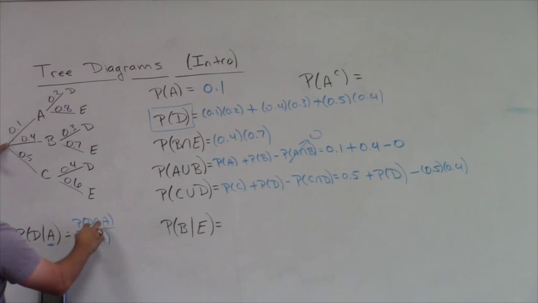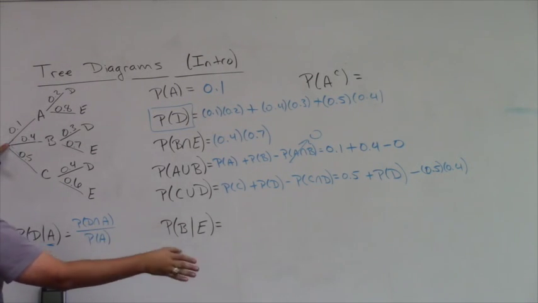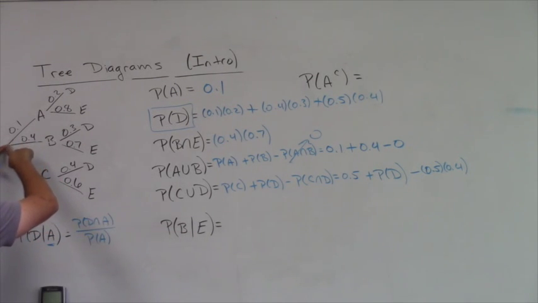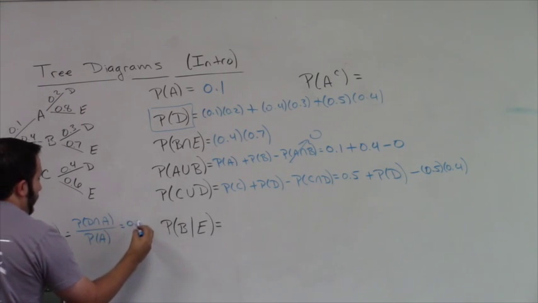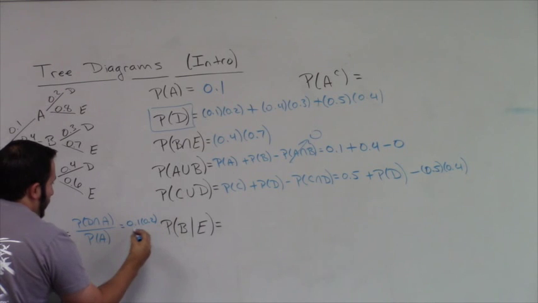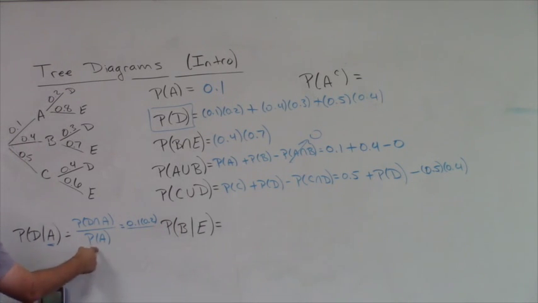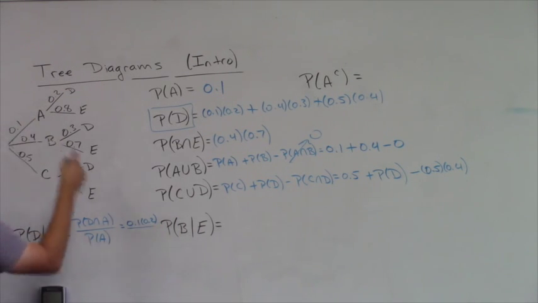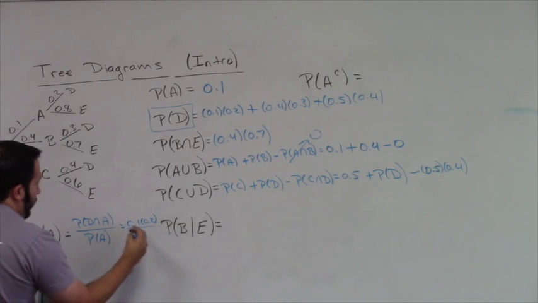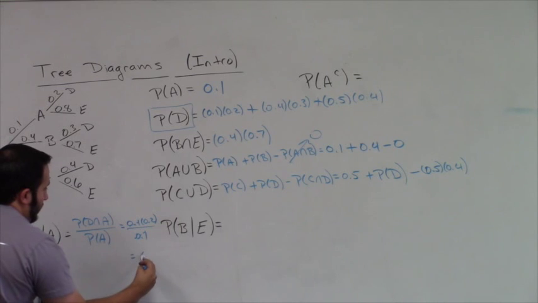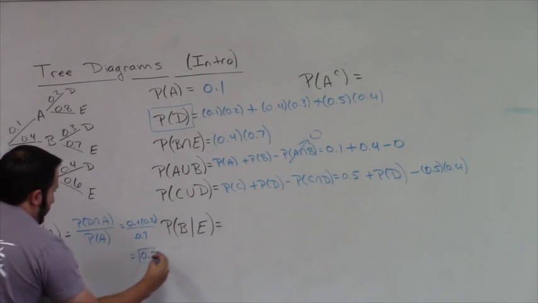D intersect A is just the 0.1 times 0.2, divided by the probability of A, which is just 0.1. And so notice how these 0.1s cancel, leaving 0.2.